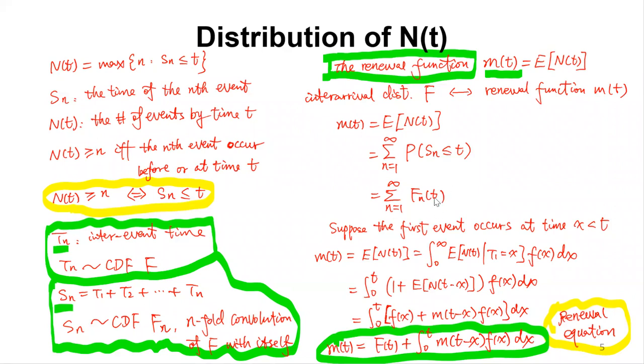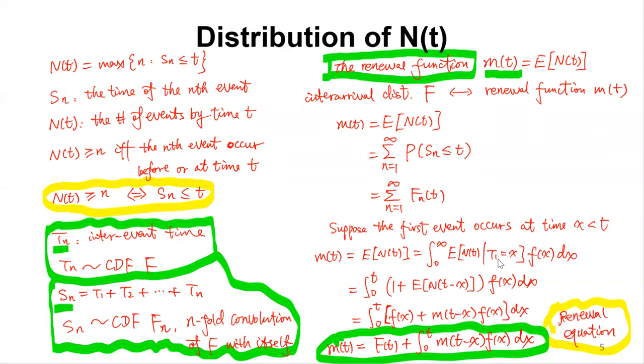This equation is very important because later we will need it to derive Mt. Suppose the first event occurs at a time x less than t. Mt equals the expectation of Nt, which is the integral from 0 to infinity of the conditional expectation given T1, the first event, equals x, times the density function dx.